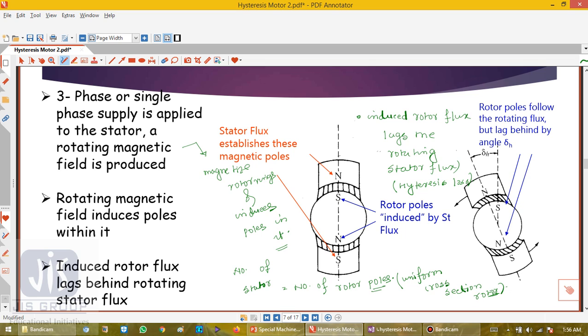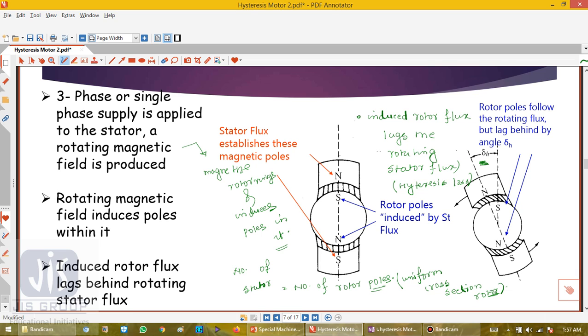Now the angle delta. If we see here, this is the angle delta between the stator magnetic field Bs and the rotor magnetic field Br.